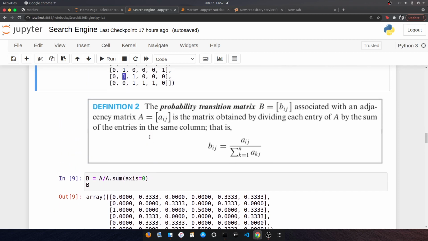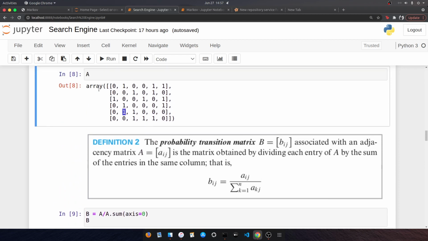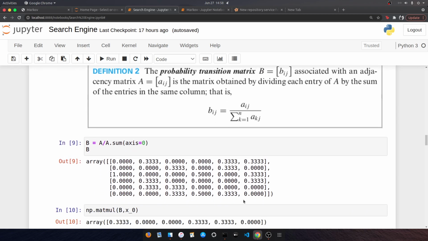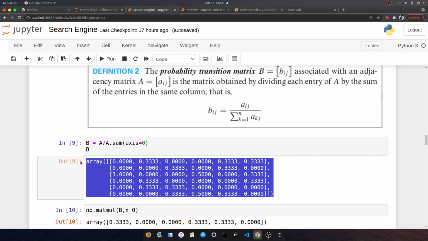So 1/3 times 1 is 1/3, 1/3 times 1 is 1/3, etc. Similarly on the third column, there are 3 1s, so we expect the entries here to be 1/3 as well. On column 4, there are 2 1s, so we expect the values here to be 0 and 0.5. And as you can see here, this is how NumPy is displaying our probability transition matrix.